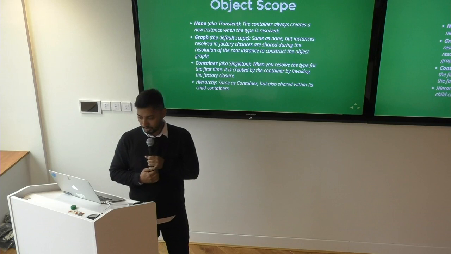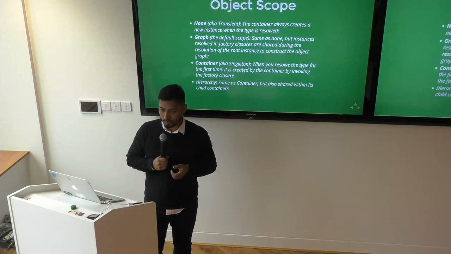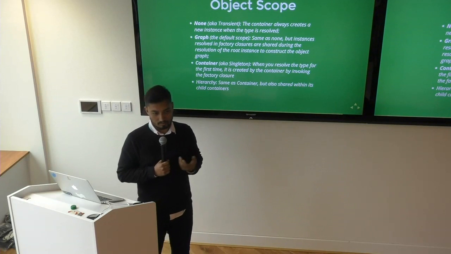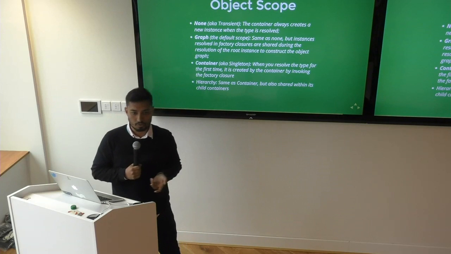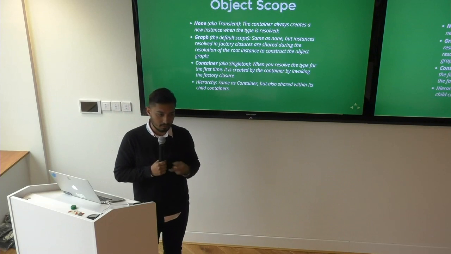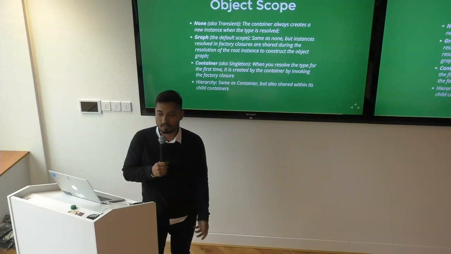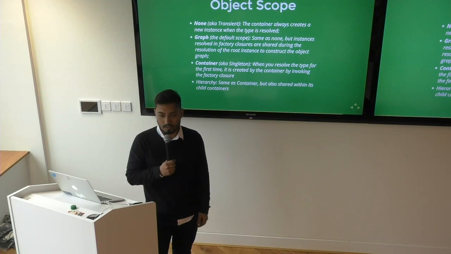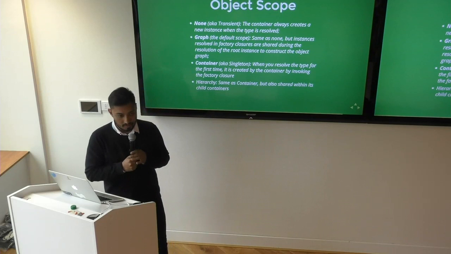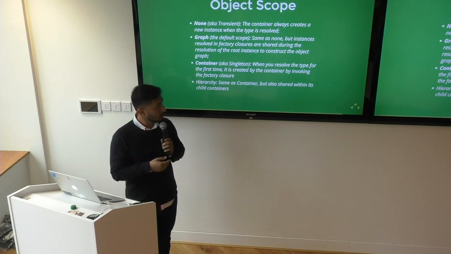Also important to mention about the scope. When you are creating the dependencies, you want to be able to create things like a singleton or to create a new instance every time that you inject something. So this is how you control. It's an enum, so it's pretty easy.